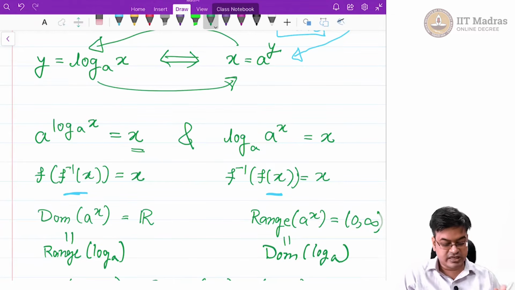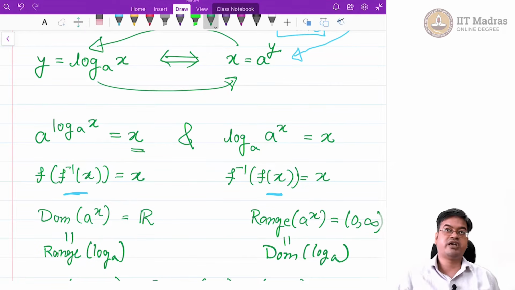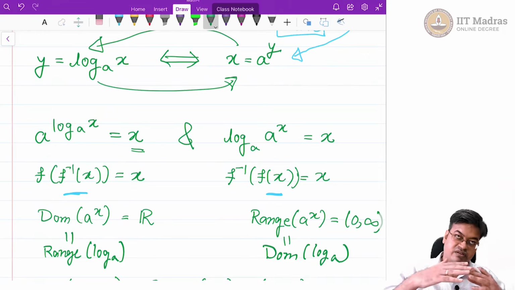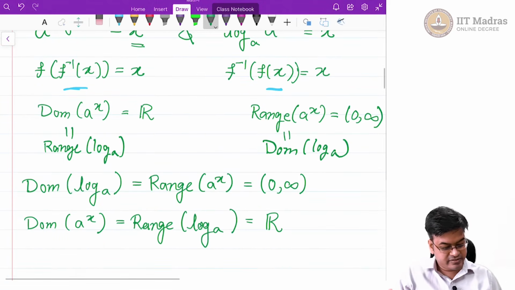When this is satisfied, you are done. So essentially your log function will be defined from 0 to infinity to the real line. That means in the domain it cannot have negative values, it cannot have 0 as well, right? And in the range it will have the entire real line. That is what is written here in this case.